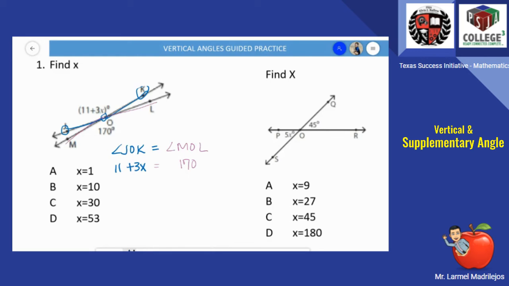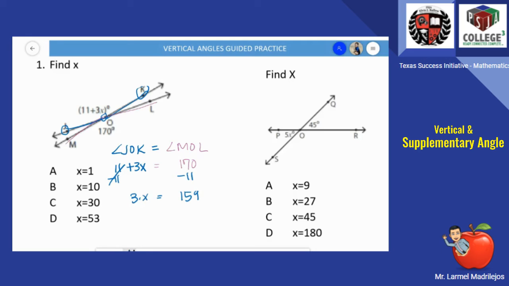To find x, we isolate x. On the left side of the equation, we have 11 plus 3x. I need to remove the 11 and the 3 by doing the undo. The opposite of positive 11 is minus 11 on both sides of the equation. This gives me 170 minus 11, which is 159, equals 3x.